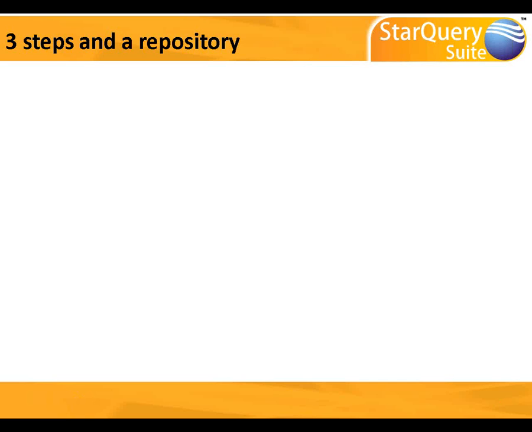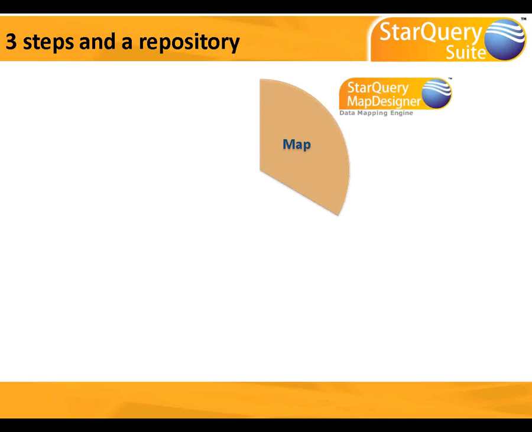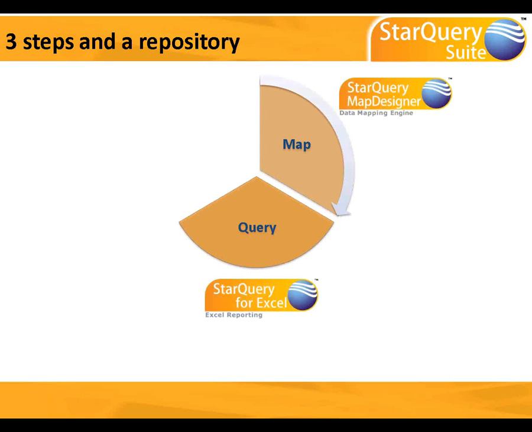Concerning StarQuery Suite, you certainly know how it works, but I'll show you in a minute. There are 3 steps. The first one is to create a map, a view of the database, all the databases that you can use and provide to the end users. At the first step, the map is most of the time done on the IT side.